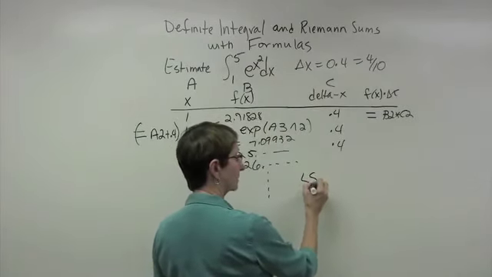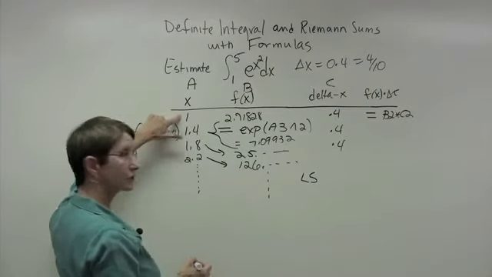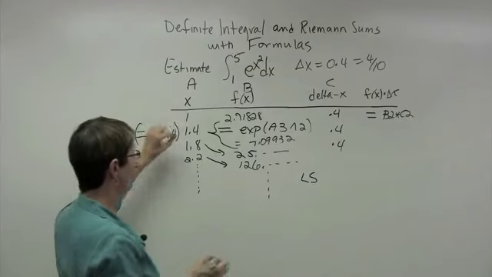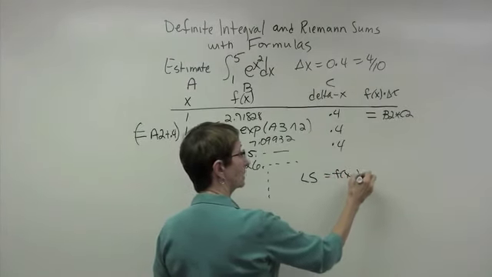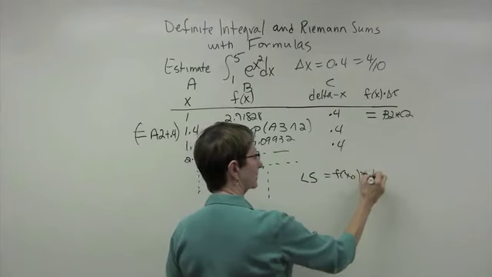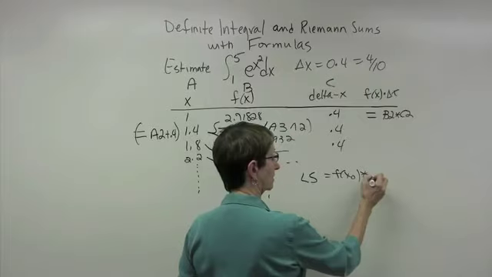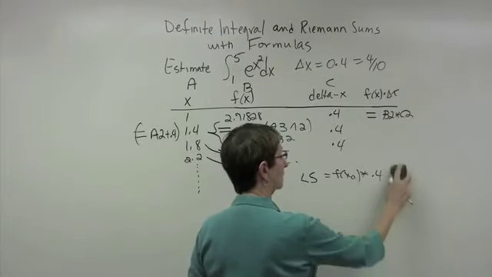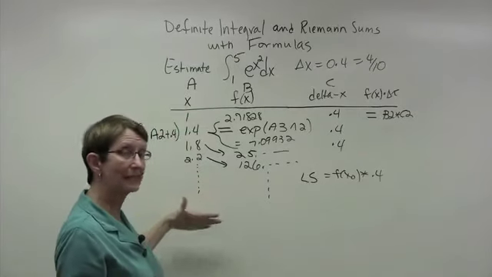For a left sum, remember, we start with the first number in the interval. We would start with f of x sub 0 multiplied by our delta x. In this case, that would be 0.4.